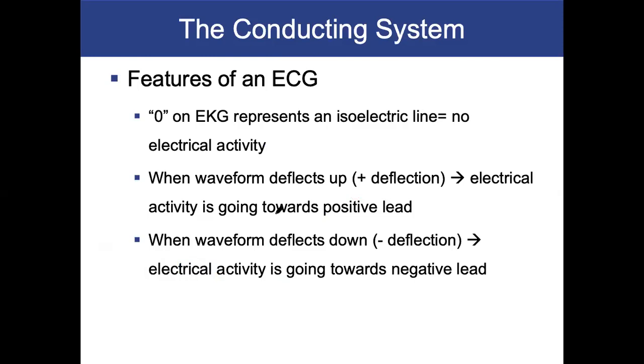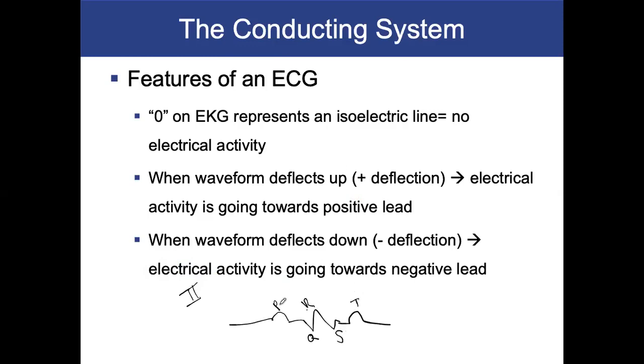Okay, so if we're talking about lead 2, right? Here's our isoelectric line. Here's our first waveform, our second wave, and then our third waveform, okay? So here's our P wave, our Q, R, S, and then our T wave.